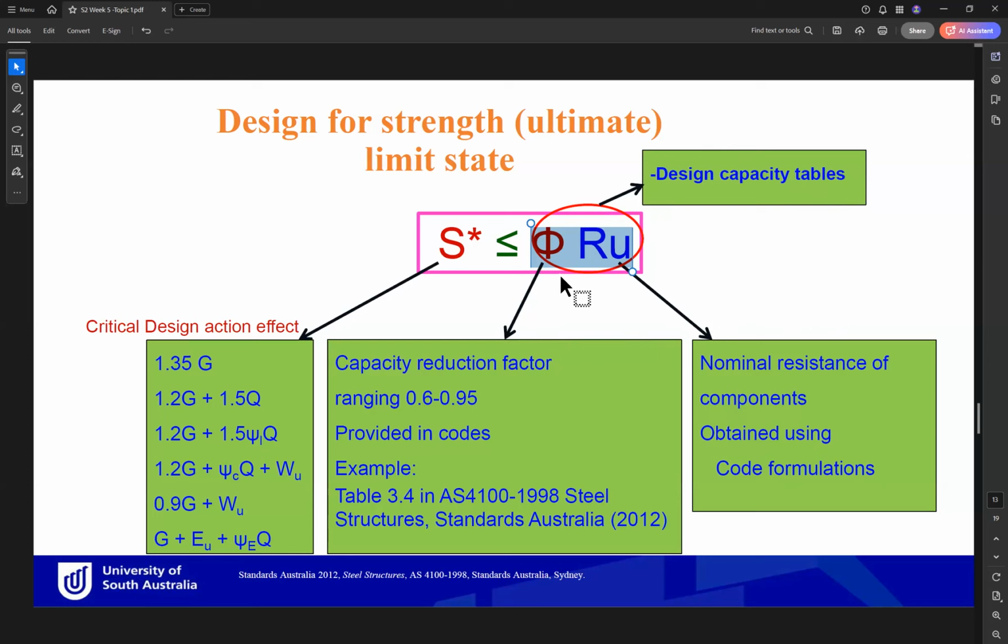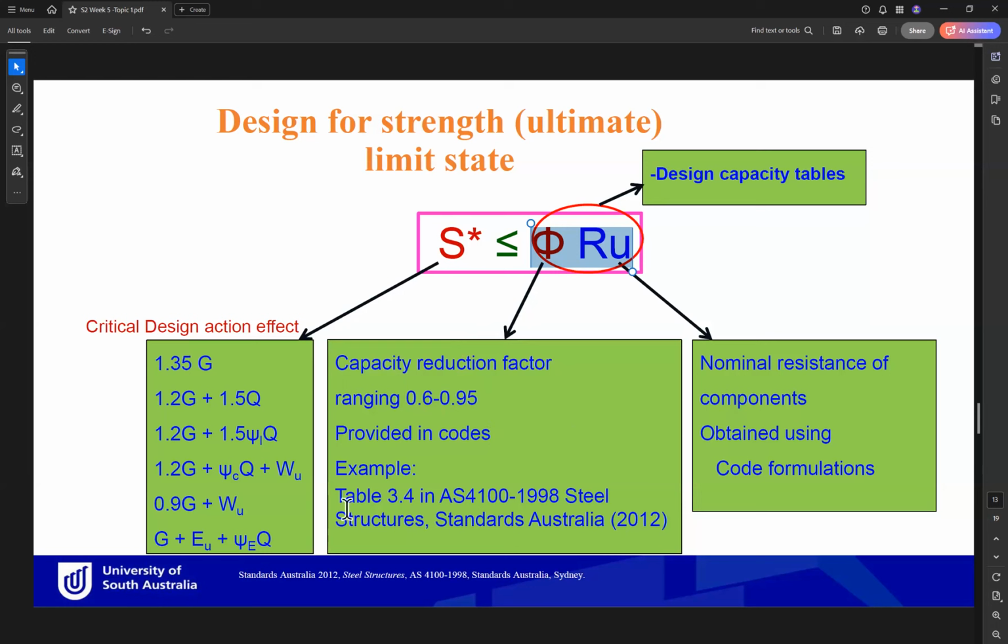So we know, for example, that the resistance of this structure is 1000, but we will only consider it as, for example, 600, just to make a safety margin for the designer. As you can see, the capacity reduction factor ranges between 0.6 and 0.95 based on the type of action or the loads on the element and so on.